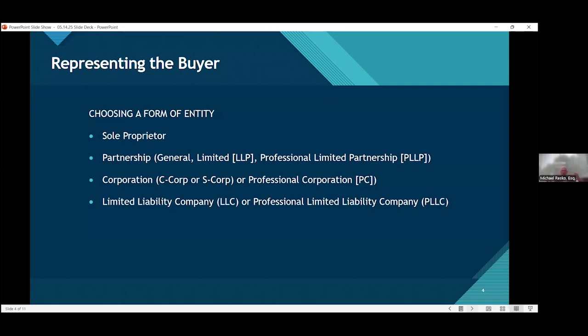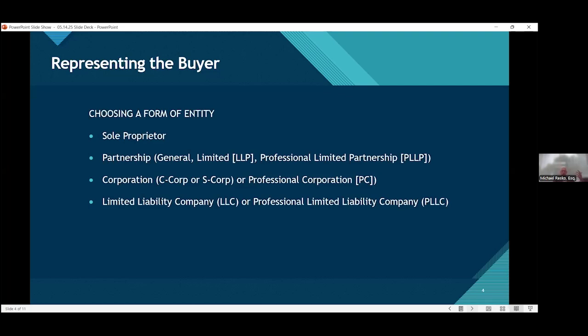They may have an existing entity, but this is often part of the advice to the buyer. A conversation about, hey, can you help me form a corporation or a limited liability company?